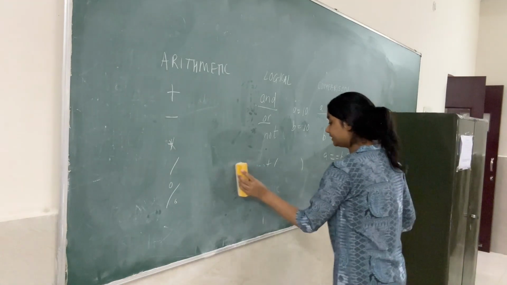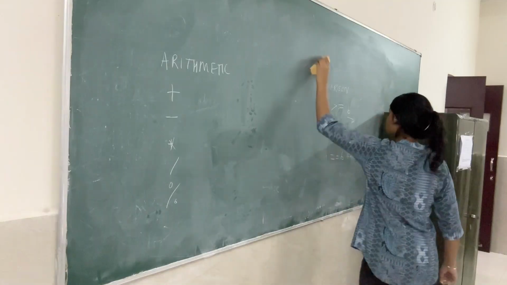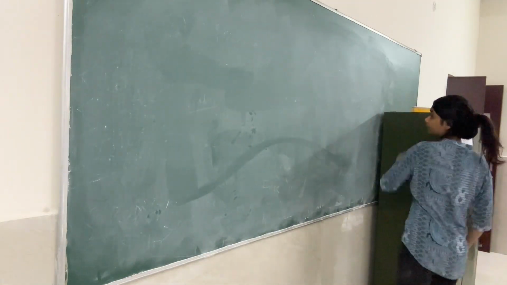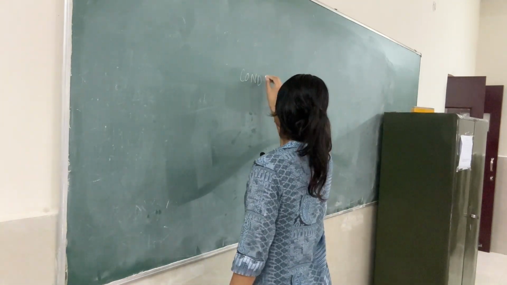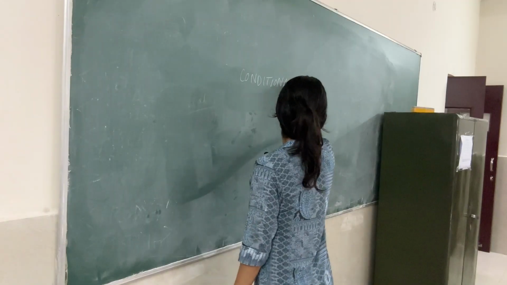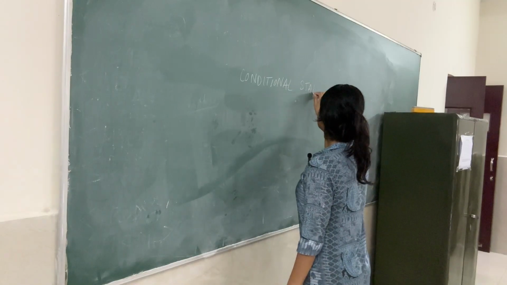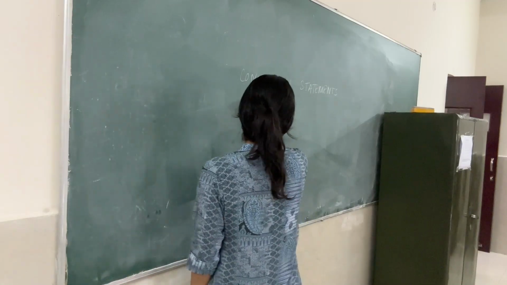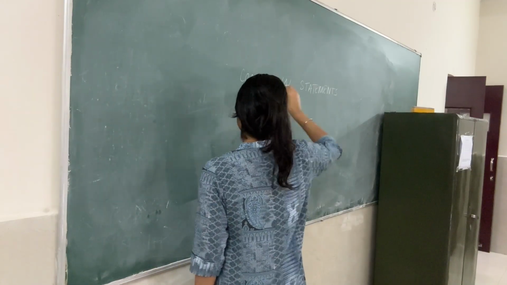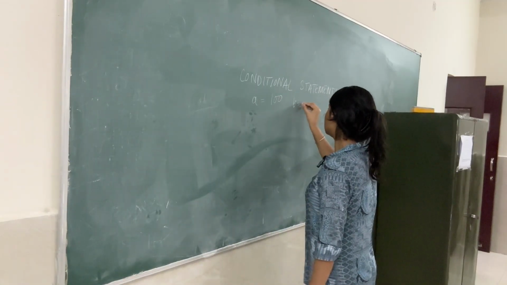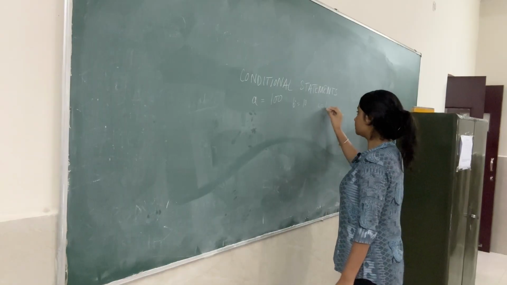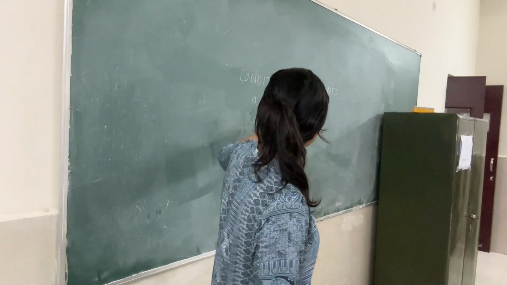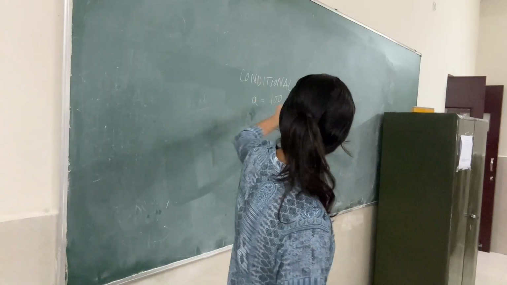So next we have conditional statements. If A is equal to 100, B is equal to 10, and C is equal to 10, now I want to make a program that outputs A only when A divided by 10 gives 10.